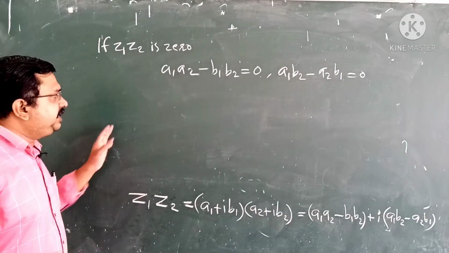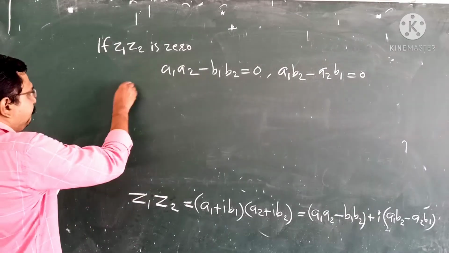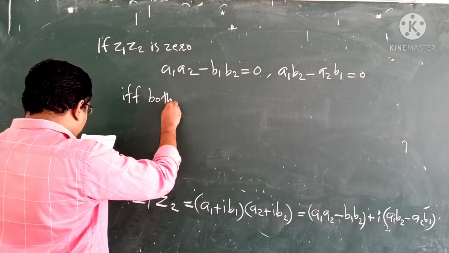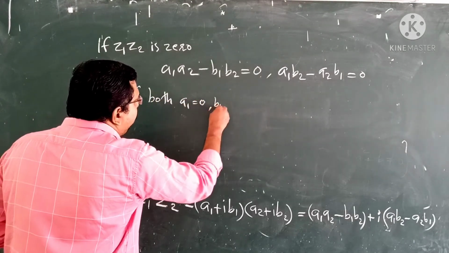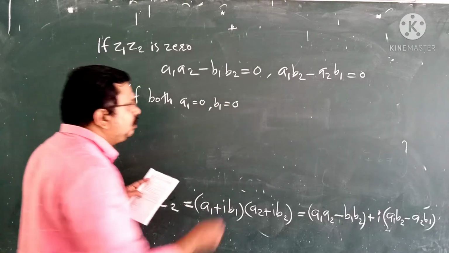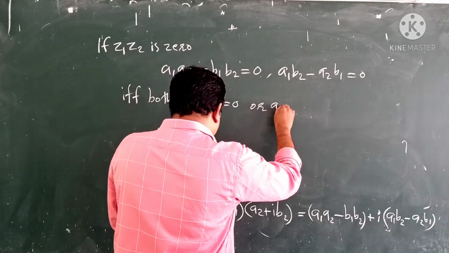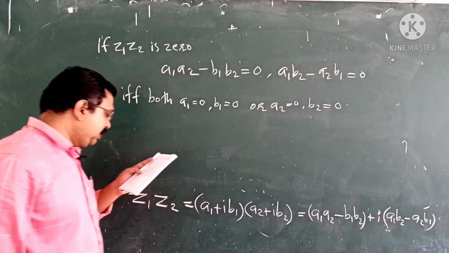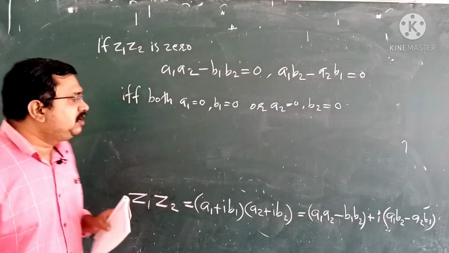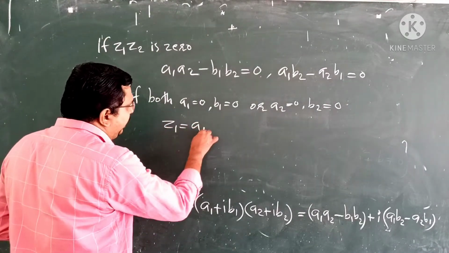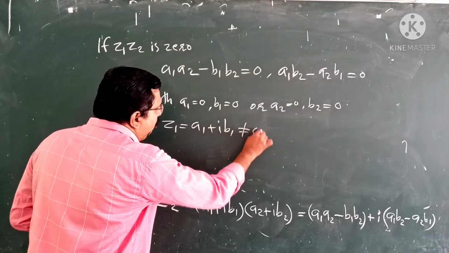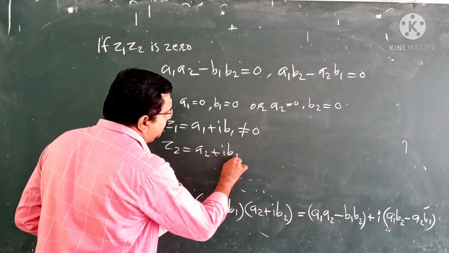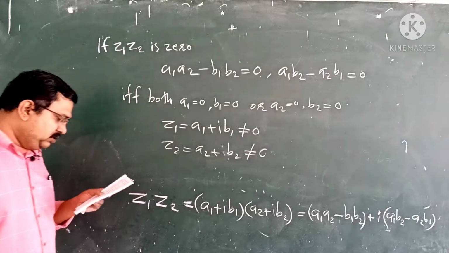This condition holds if and only if both A1 equal to 0, B1 equal to 0, or both A2 equal to 0, B2 equal to 0. This is impossible since it is given that Z1 equal to A1 plus IB1 is not equal to 0, and Z2 equal to A2 plus IB2 is also not equal to 0.